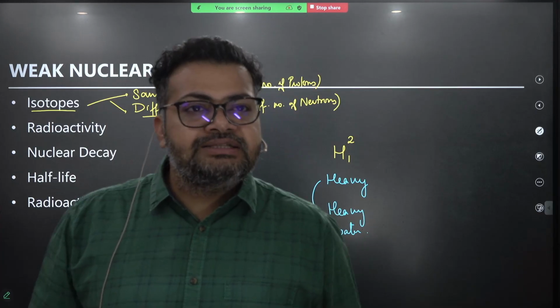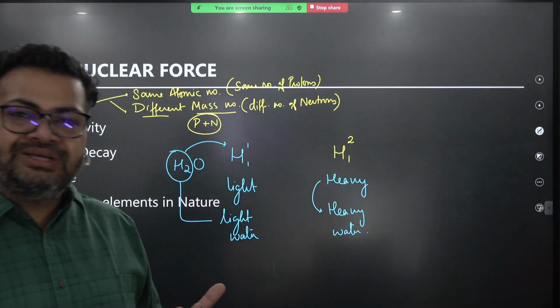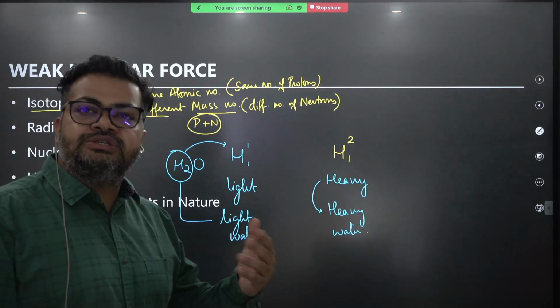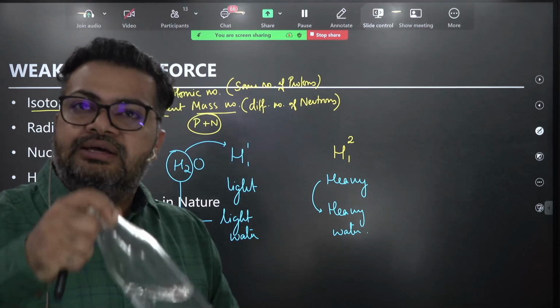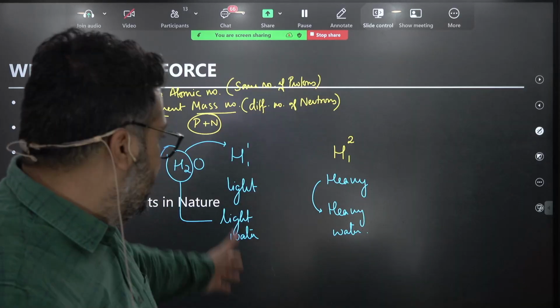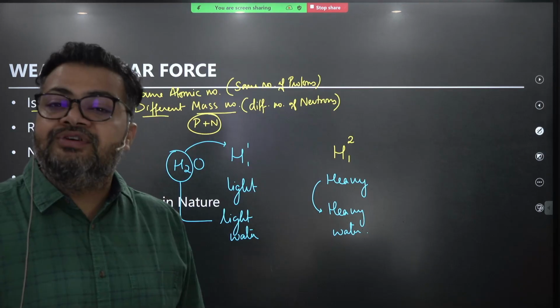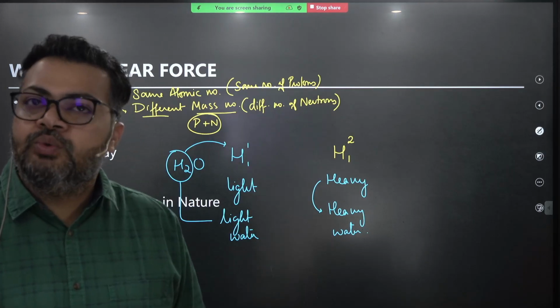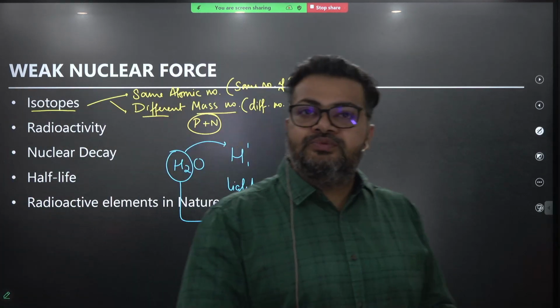So did you understand how light water and heavy water came into existence? Light water is the water that we drink, and the water made from the heavier isotope of hydrogen is called heavy water. Got it? This is how the 2 isotopes of hydrogen were discovered.